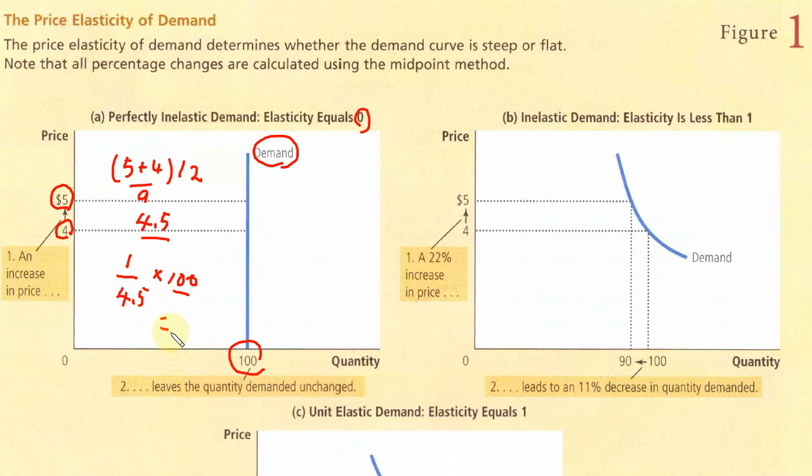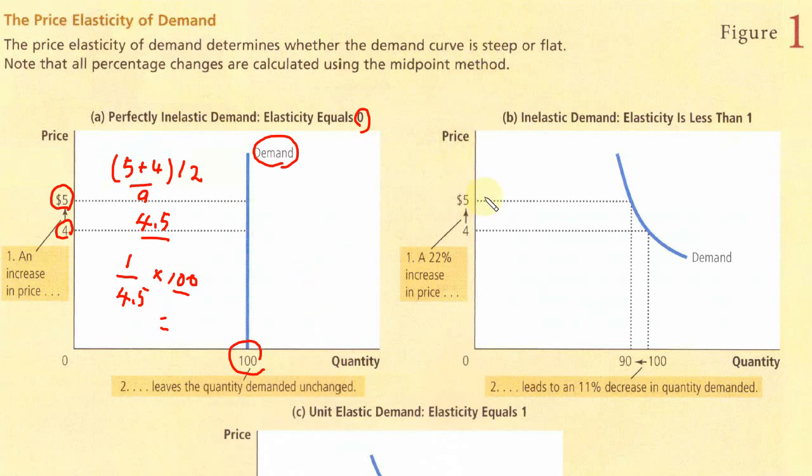Even if we have a variation of price, we have no variation of demand. No variation of demand. Then this is inelastic demand.